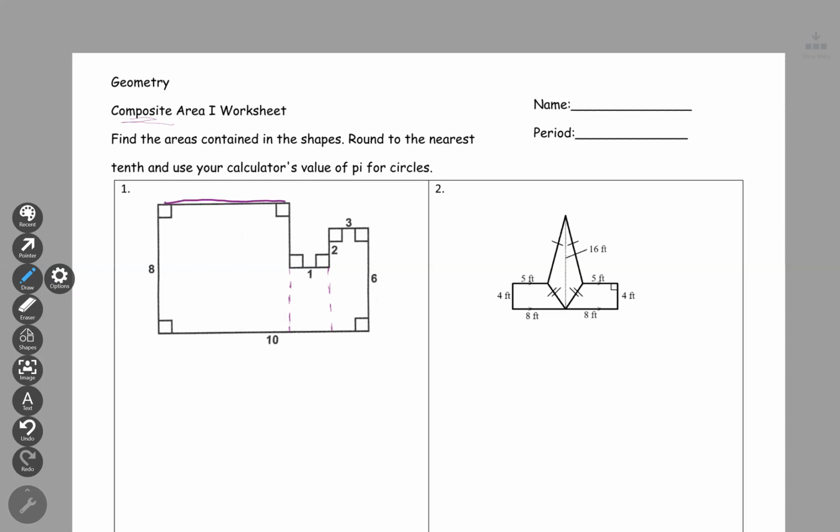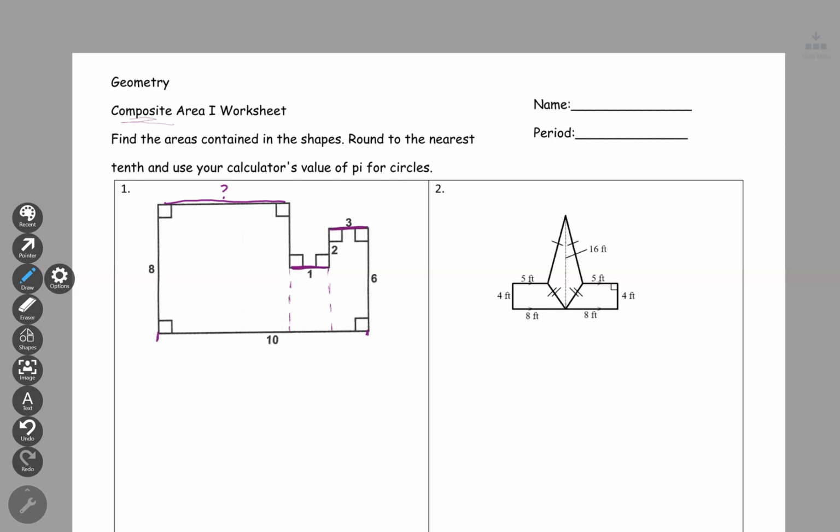I need to know this part here. So my question is, how wide is this part? If I look, the whole shape from end to end is 10 units. And then what I gotta do is look, okay, what other horizontal measurements do I have? So I have this one at the top of this rectangle. I have this 1 right here at the top of this rectangle.